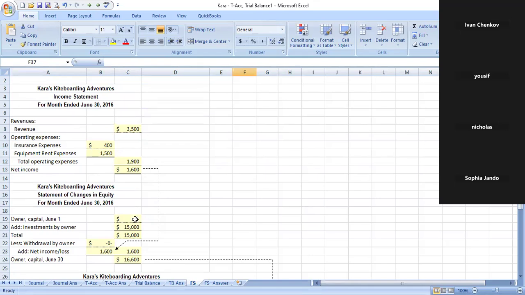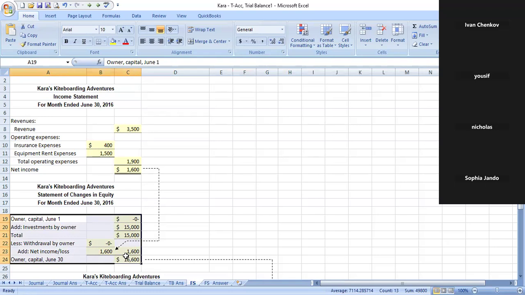So this capital account calculation is going to come on your test next time. What do you need for this calculation? You need the owner's capital beginning balance, how much the owner invested, how much the owner withdrew, and how much the company generated from operations.